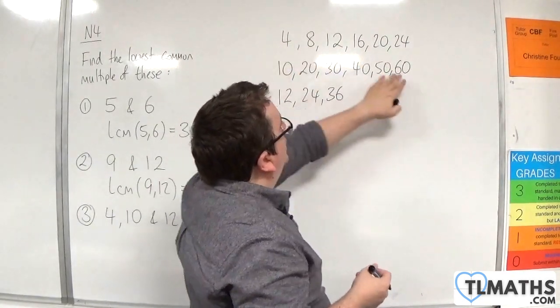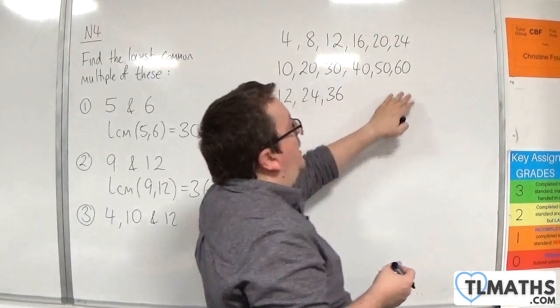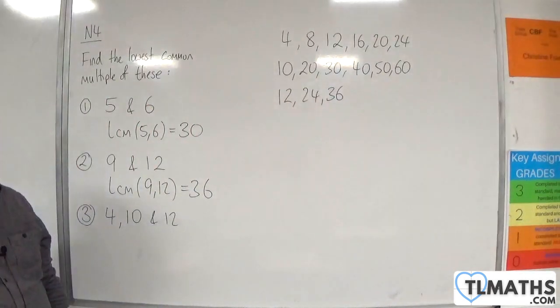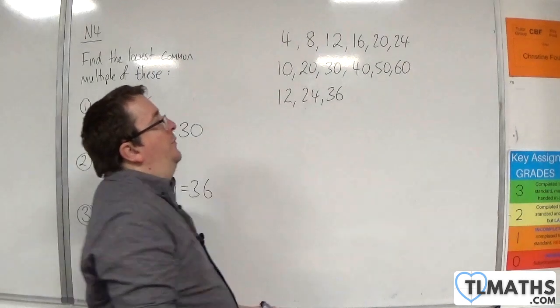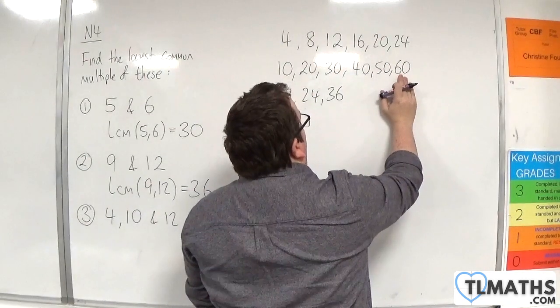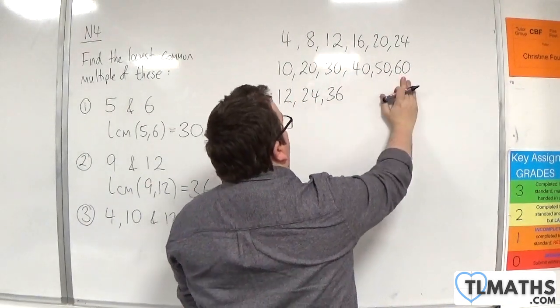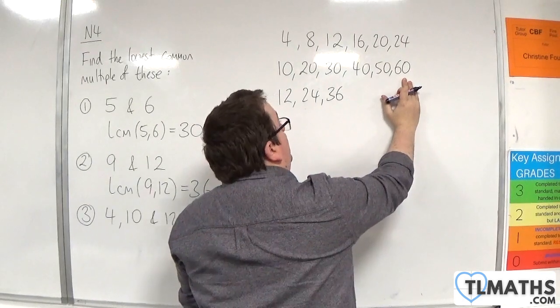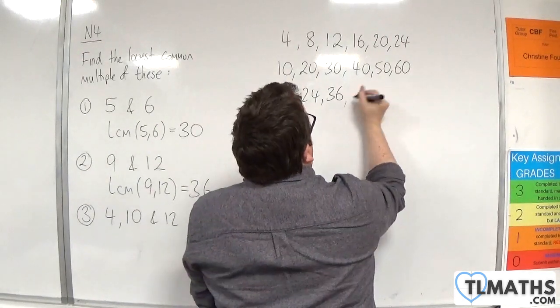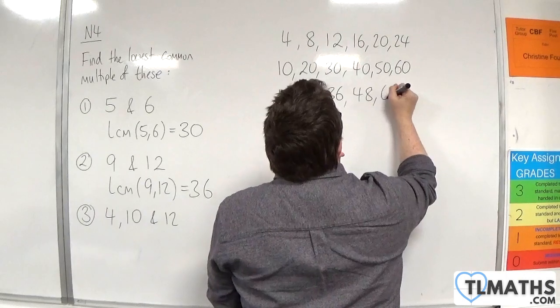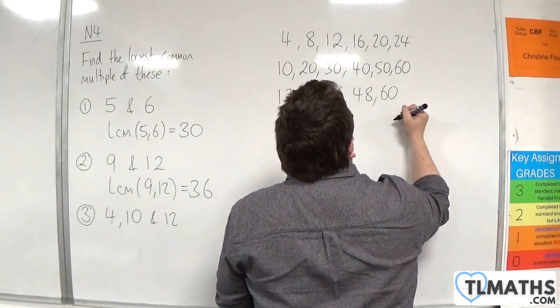I know that 4 goes into 60, 15 times, so that is a potential candidate. Now, does 12 go into 60? Well, yes, it does. It goes in 5 times. So 48, then 60.